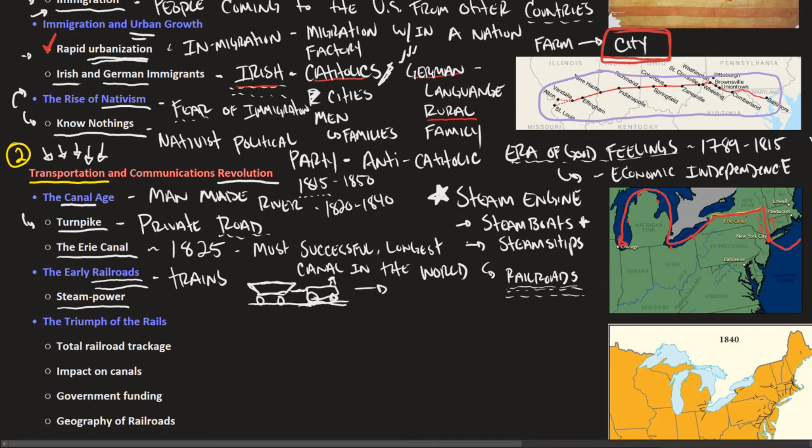And the very first railroads were created in the 1820s and 1830s. Like we talked about before, industrialization was something that happened in Great Britain first, but the technology was brought over to the United States, and the United States was a quick adopter of it. It didn't take very long.